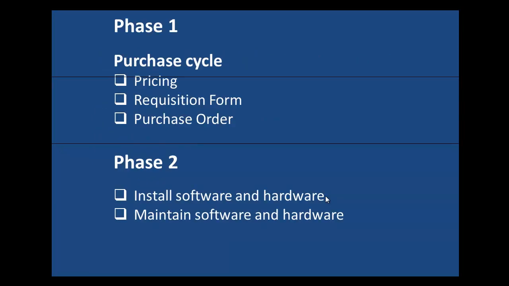Now, in this traditional data center, you have different phases, different needs. Let us take a look at the purchase cycle for the computing services within the traditional data center. You have pricing.